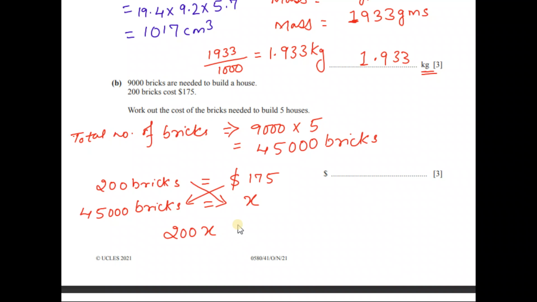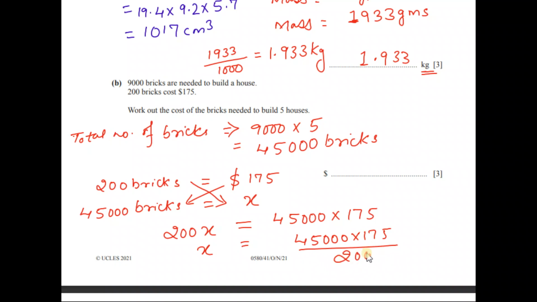Okay, so we will be getting 200 times x, 200x, is equals to, on the other hand, we have 45,000 times 175, and then x is equals to 45,000 times 175 divided by 200.